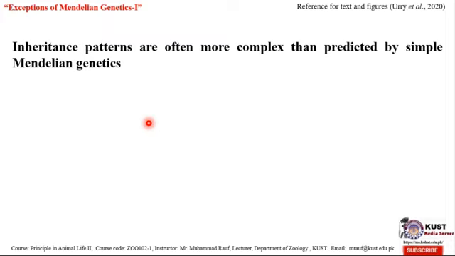However, we do have certain cases where genetic crosses do not obey the rules and principles of typical Mendelian genetics. So these crosses which do not obey Mendelian genetics are known as exceptions of Mendelian genetics.